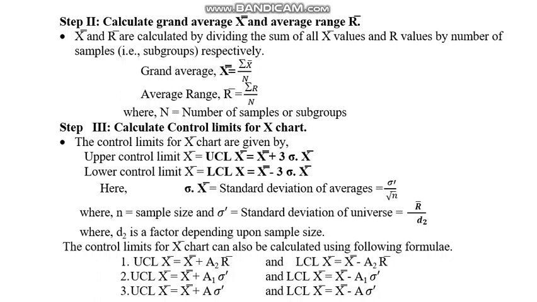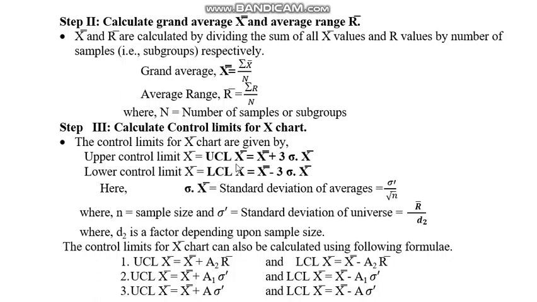Now in step 3 we will calculate the control limits for X chart. For X chart, control limit means there are two control limits. One is upper control limit and the other is lower control limit. Upper control limit we are calling UCL, and lower control limit we are calling LCL.